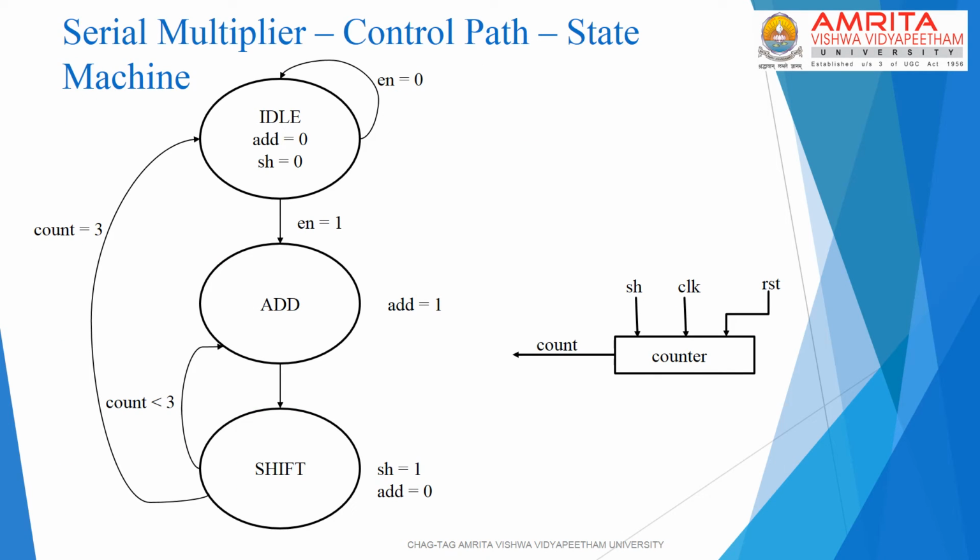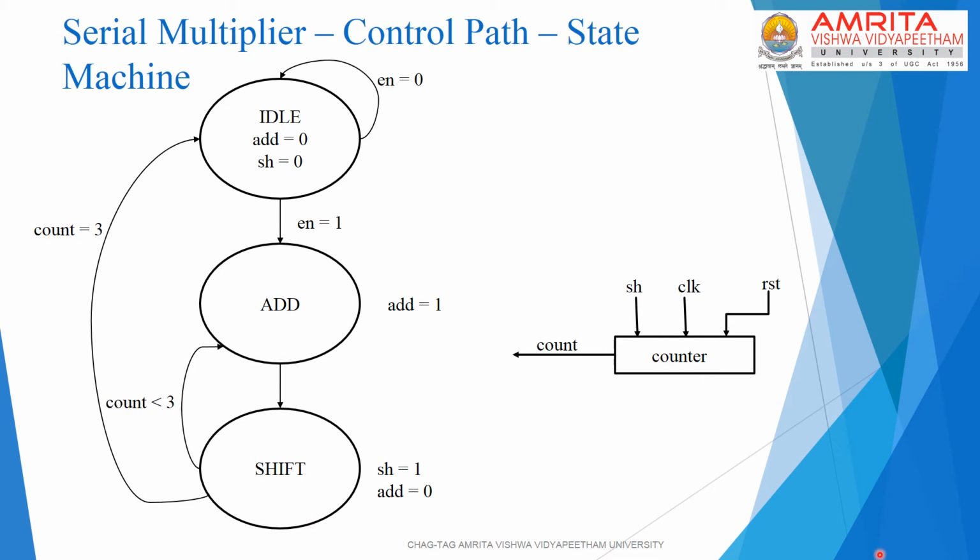The state diagram of the state machine for the control path of the multiplier is shown in this slide. As mentioned previously, the state machine is triggered by the enable input. So whenever the enable input is asserted, the multiplication process is set in motion and the state machine moves from its idle state to the add state.